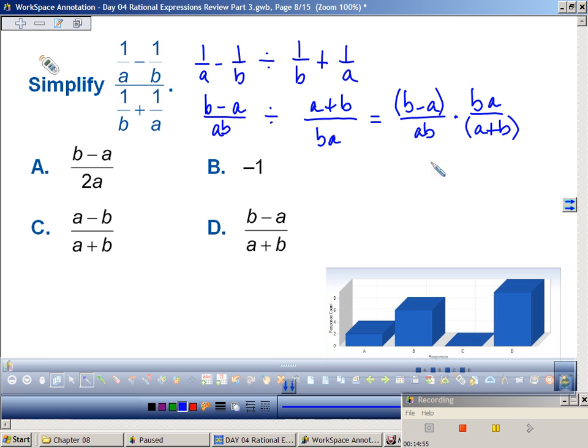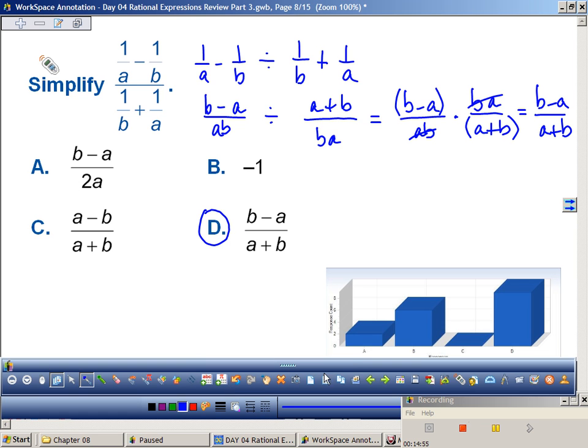Because they have an addition or a subtraction sign. These both cancel each other out. And I'm left with B minus A over A plus B. D. All right, good job, guys.